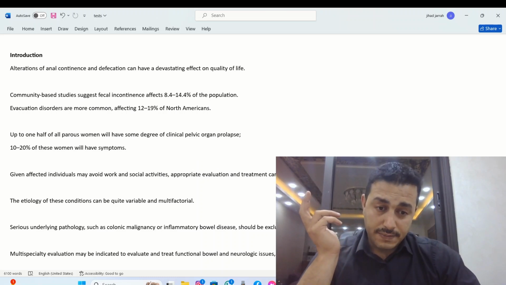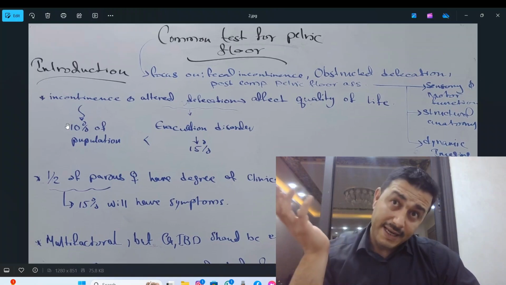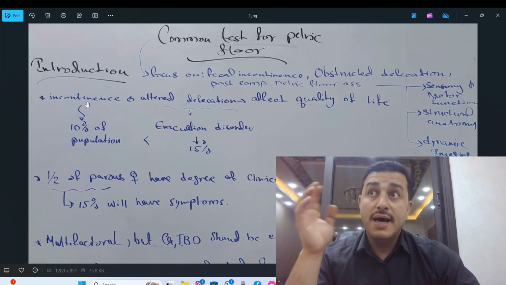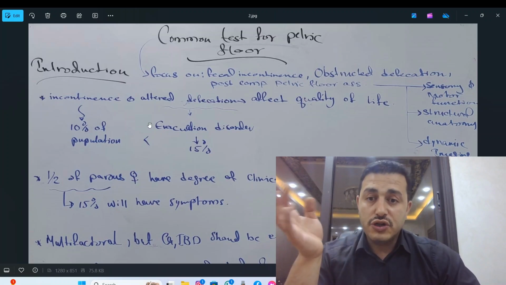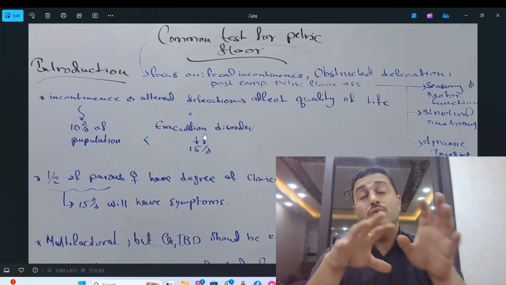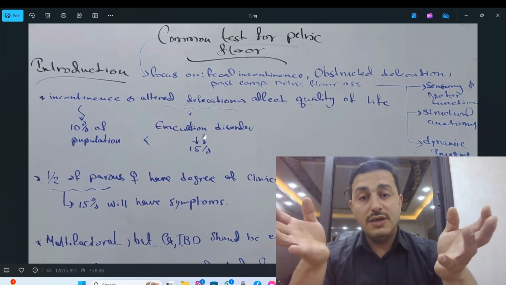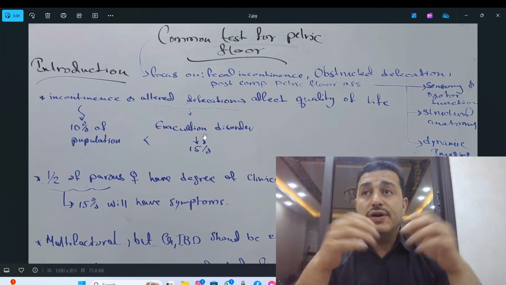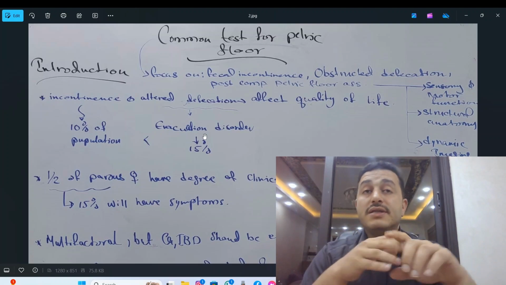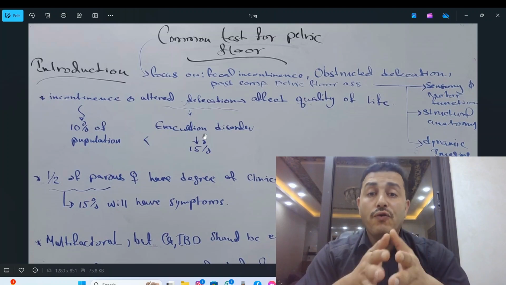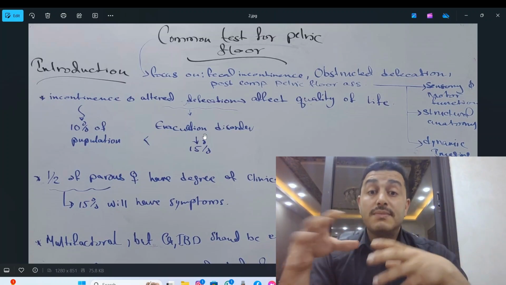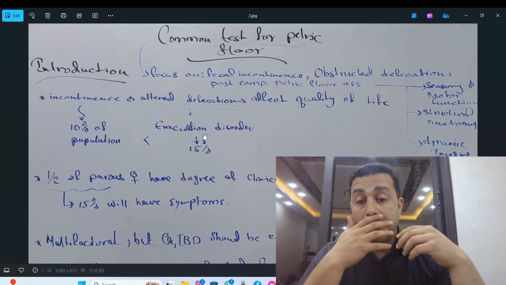You can imagine that fecal incontinence affects 10% of the population. Obstructive defecation can affect 15% of the population, and this will negatively affect quality of life. Pelvic organ prolapse, of the rectum, urinary bladder, or uterus, can affect half of parous females. Of them, 15% will be symptomatic, which is a significant number.